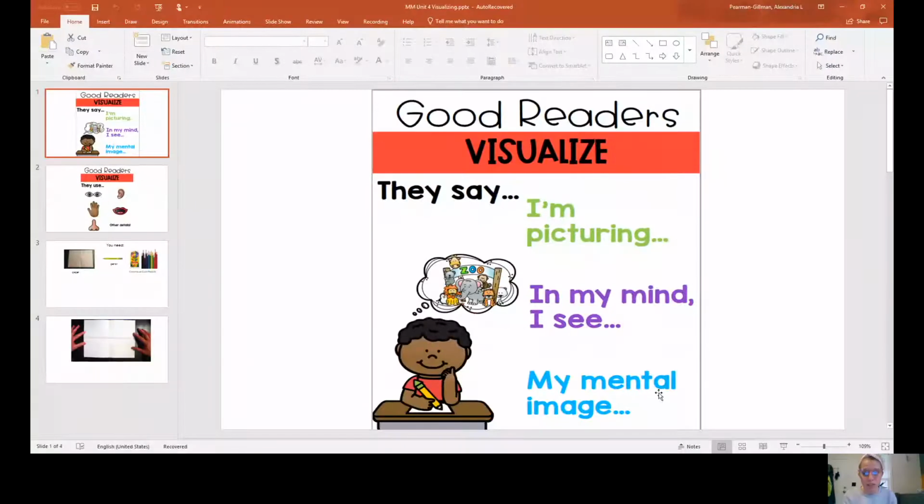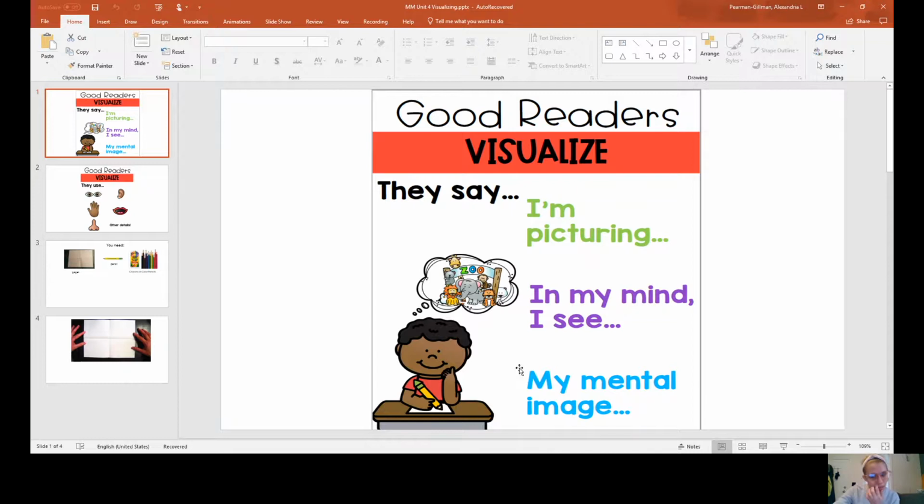So good readers visualize. They say, I'm picturing, in my mind I see, and my mental image is. Remember, friends, mental image means an image in your brain, in your mind.